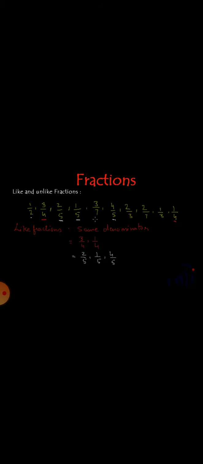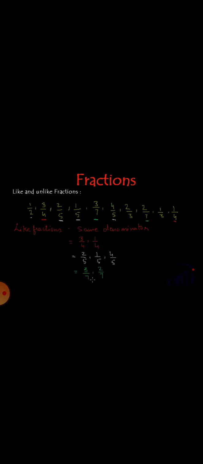And then in the fifth fraction we have 7 as denominator, and after that we have 7 as denominator here. So this is another group of like fractions, which is 3 by 7 and 2 by 7, right?